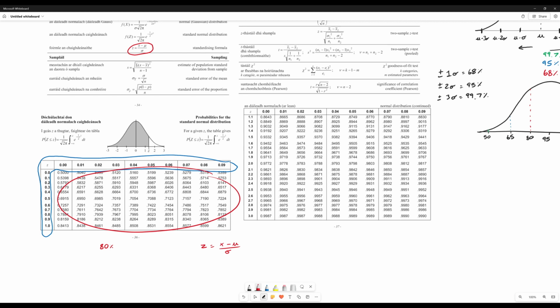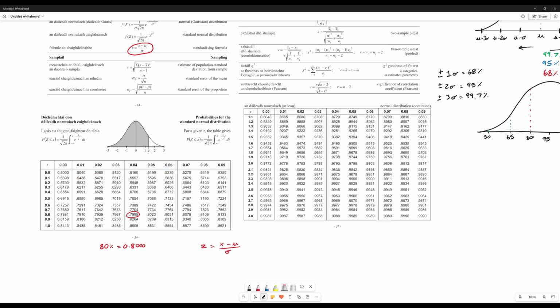What you would do is you'd have to look through this bit that I've circled in the red to find a number that's close to 80%, keeping in mind that 80% is a decimal. It'd be 0.8000 if you want to treat it like that to be in line with what it looks like. And what you'd have to do is literally go through all these numbers till you find one that's close to 0.8000. Everybody gets drawn to this one because they're like, that's the closest one, but technically it's this one because that one's technically closer to 0.8.